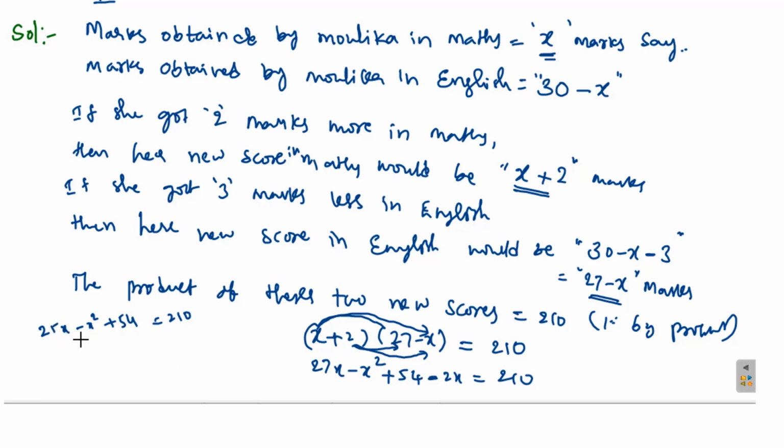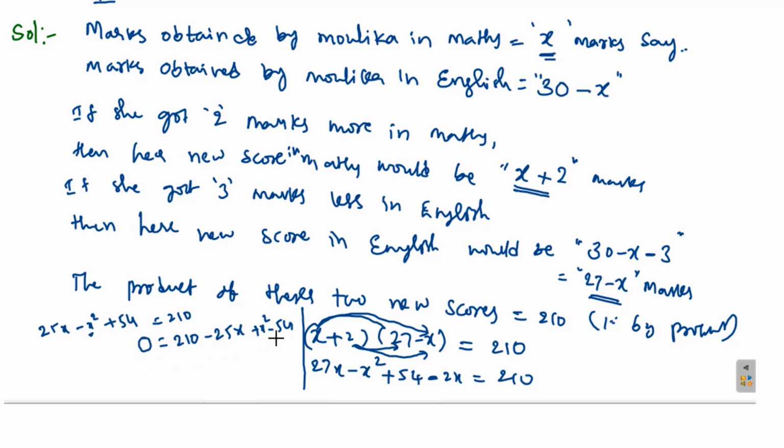Now let's transpose all these terms to the right hand side. Since we have the x square term with negative, if we transpose all these terms to this side we get the x square term with positive. Since it has the highest degree, we have to write the highest degree term with positive. So by transposing all these terms to the right hand side, here already we have 210, now minus 25x we get here, and minus x square will become plus x square, and plus 54 will become minus 54, and on the left we are left with no term, so we can write 0.